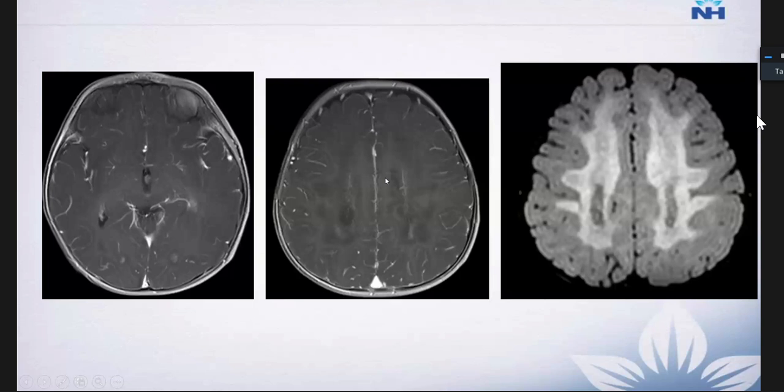And if you carefully see, the areas surrounding the cavitation showed some faint enhancement on post-contrast administration. So you should be aware about that. There are certain leukodystrophies which can show enhancement, the mitochondrial being one of them. The other disorders that can show enhancement are MLD and Krabbe's. So these are the disorders that can have enhancement in the affected area, which you should be aware about.